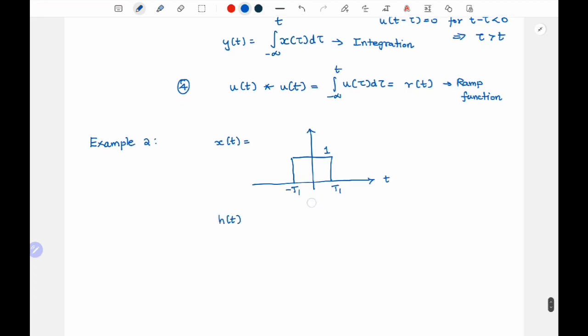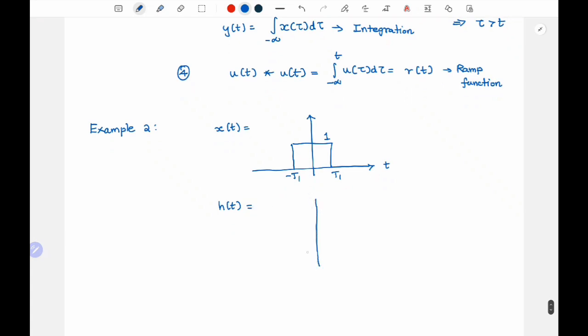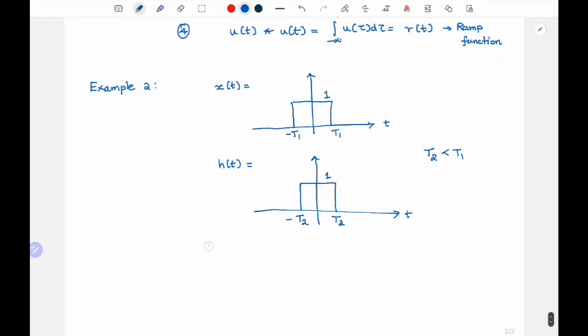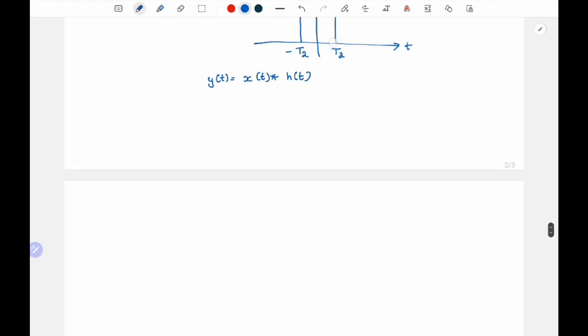And let's take h of t to be the same, but here it is, let's say, from minus t2 to plus t2, and the amplitude is 1. And let's say t2 is less than t1. Okay. So now we want to find y of t equal to x of t convolved with h of t.